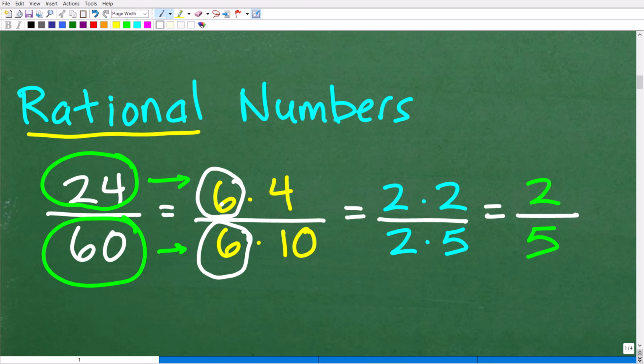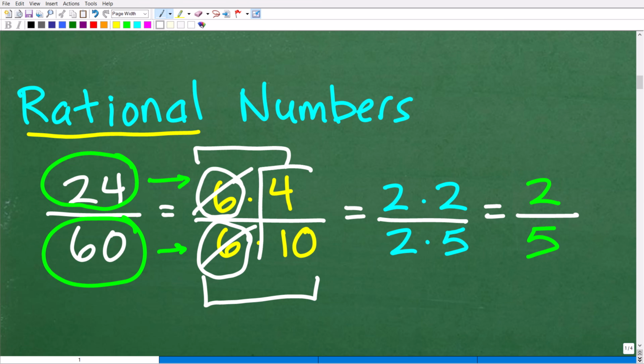If you have the same factors in the numerator and denominator, you can cross cancel them. So the idea is to factor your numerators and denominators, identify like factors, and cross cancel them. When I cross cancel these 6's, I'm left with the fraction 4 over 10.